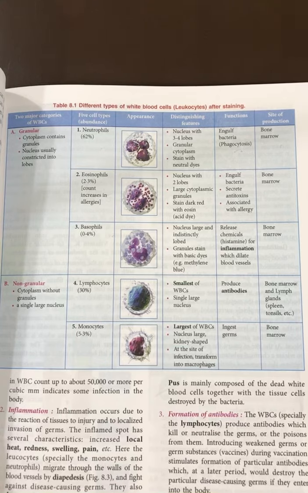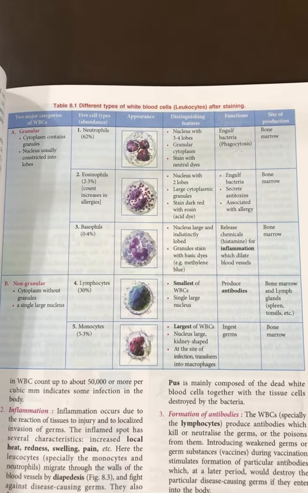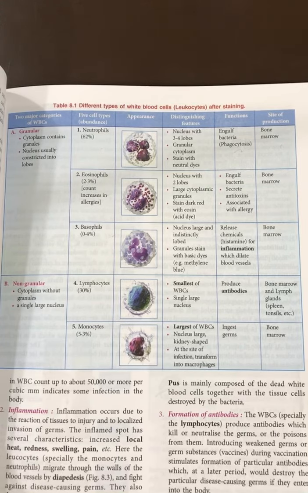Eosin is an acidic dye, and their color changes to dark red when this dye is added to them. And the function of the eosinophils is to engulf bacteria. They even secrete antitoxins, and they are associated with allergy. And eosinophils are also produced in the bone marrow.